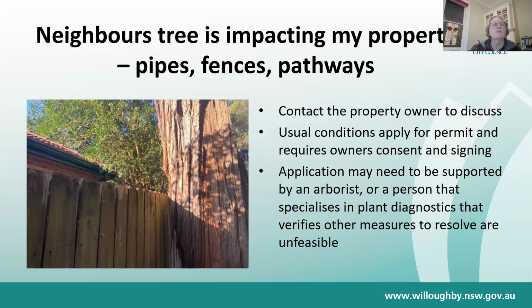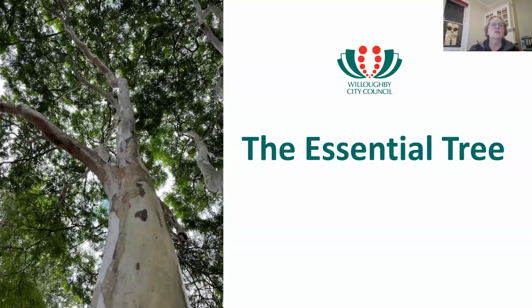You don't need to have trees pruned because they're dropping debris, fruit, flowers, etc. Please just be mindful, get a broom, get your blower. It's quite easy to sweep them up. And usually it's a seasonal thing. It does not happen all year round. It's just the seasonality and what the tree does during that time. And the essential tree.